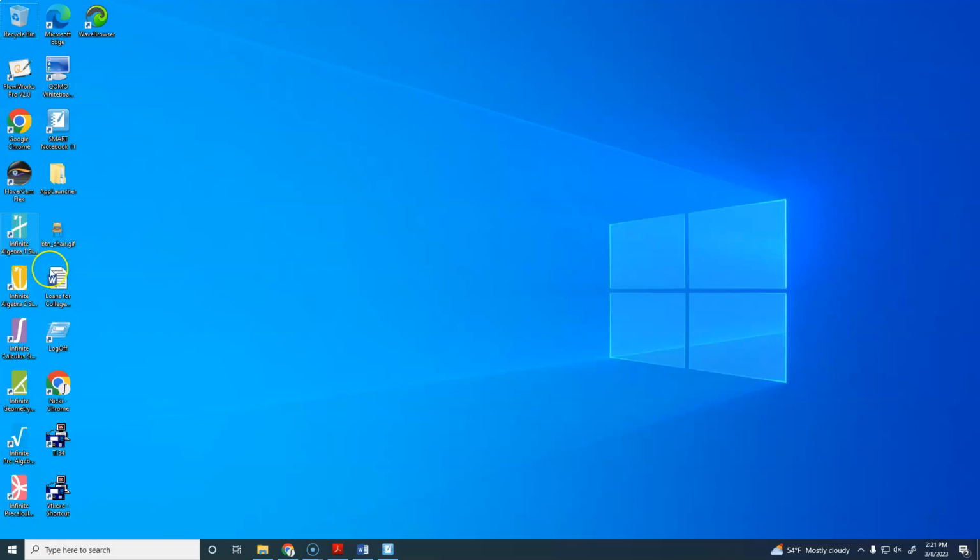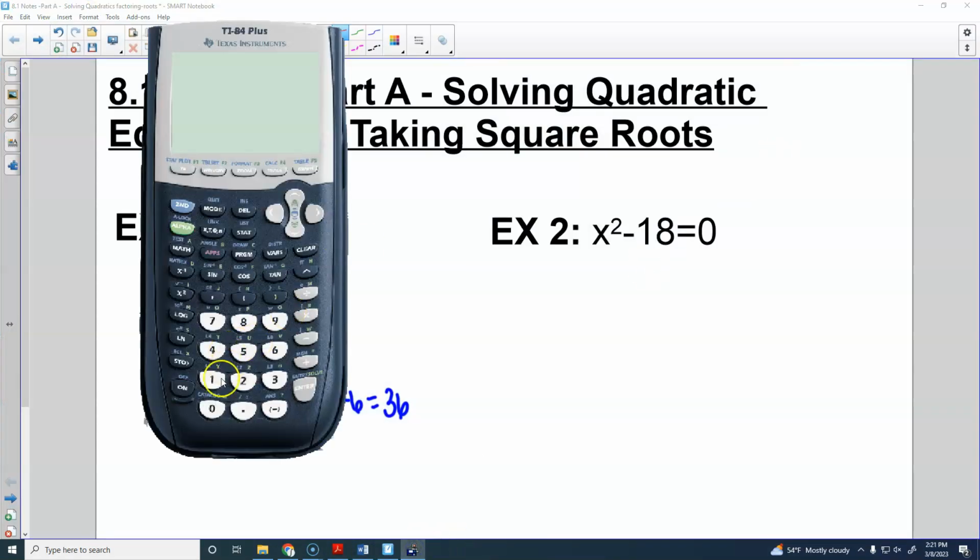Yeah, 4.5 squared would give you 20.25. So it's less than that. It's closer.